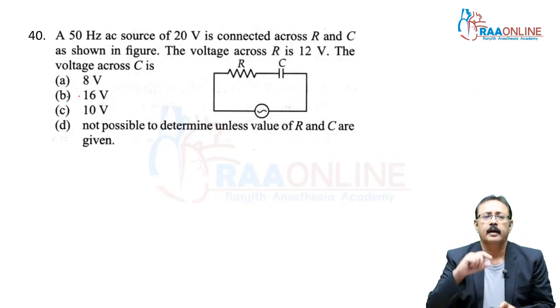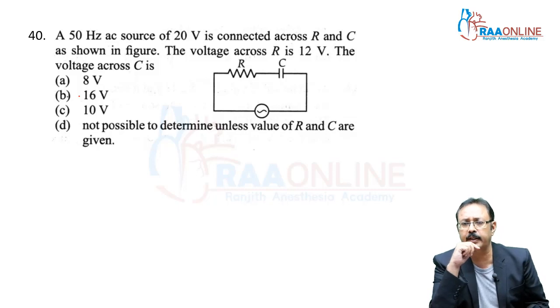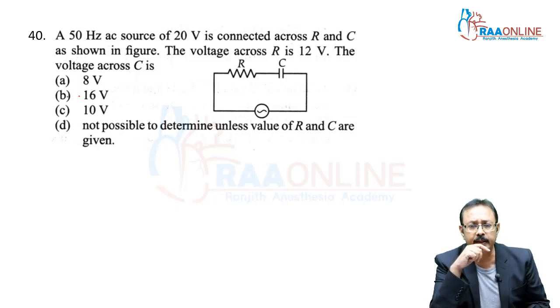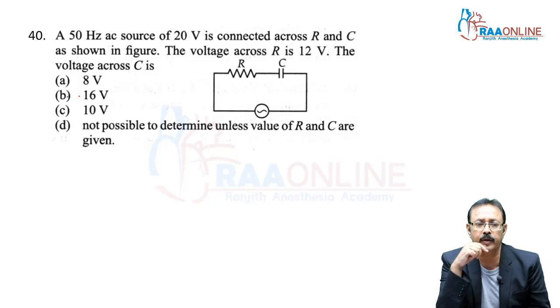Next. A 50 Hz AC source of 20 volt is connected across R and C. The voltage across R is 12 volt. The voltage across C is what we have to calculate.